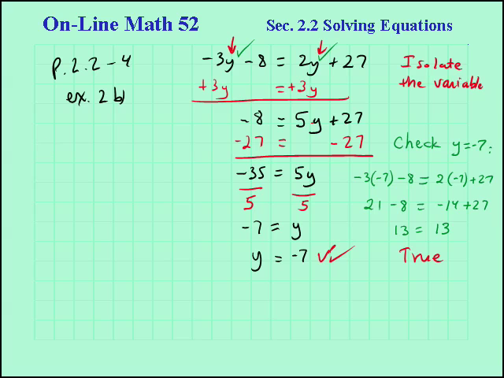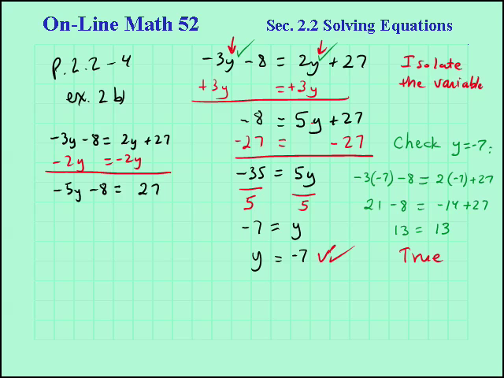Let me rewrite the problem as, again, -3y minus 8 equals 2y plus 27. This time I'm going to start by eliminating the 2y from the right side. -2y minus 2y, and since they're equal to each other, I want to be consistent on each side. This becomes -5y minus 8 equals 0 with the y's, equals 27.